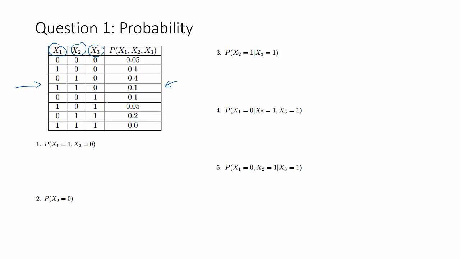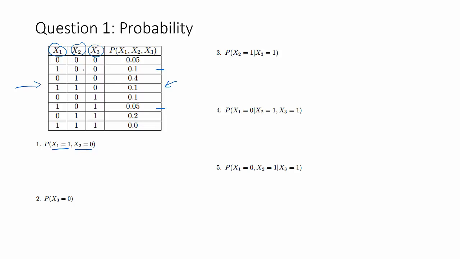Let's start with the first part, which asks us to compute the probability that x1 equals 1 and x2 equals 0. Intuitively, we would look at the rows in the joint table that are consistent with the assignment. That is the second row and the sixth row, because those two rows, and only those two rows, have the assignment that x1 equals 1 and x2 equals 0.